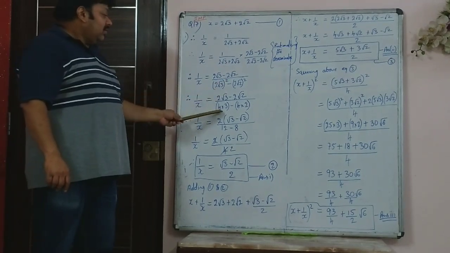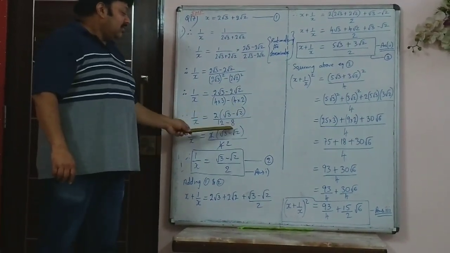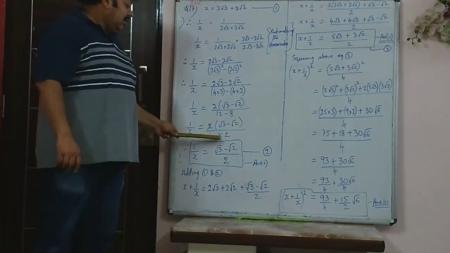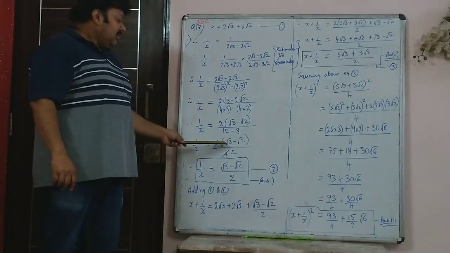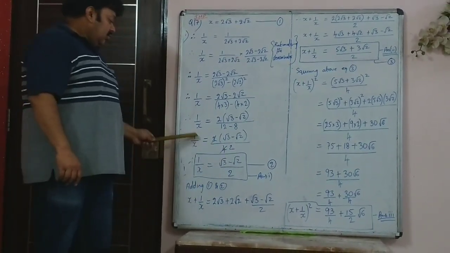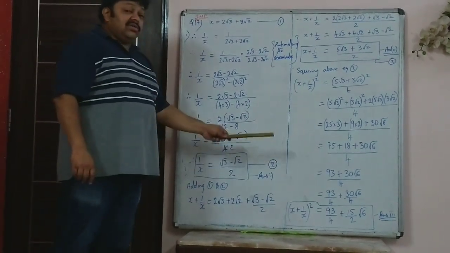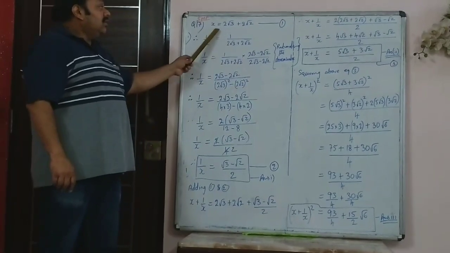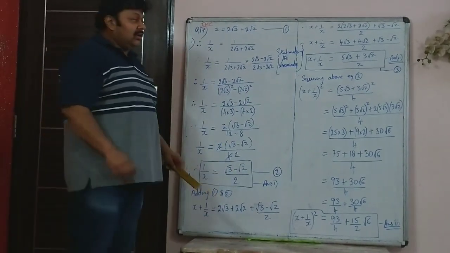So this is 4 into 3, that is 12, and this is 4 into 2, which is 8. So 12 minus 8 is 4. In the numerator, take 2 common, so it becomes root 3 minus root 2. So then 2 goes. So 1 by x is root 3 minus root 2 upon 2. This is the simplified form. This is how this number, when you are asked 1 by x, has to be written.